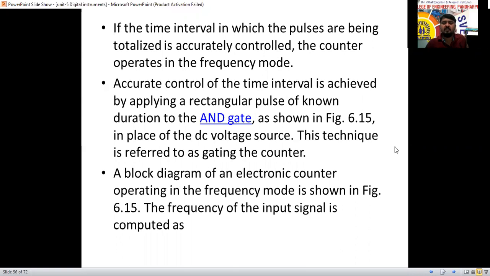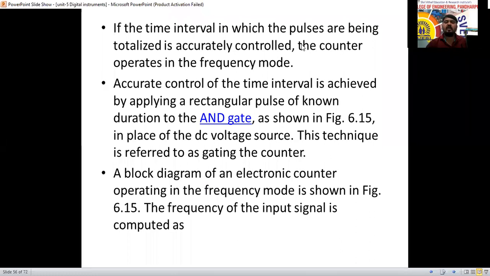That is nothing but the number of pulses divided by time. Or, considering the time period, F is inversely proportional to the time period. Yes or no? F = 1/T, time period. Is it correct? Yes, sir. So both formulas are useful for frequency.